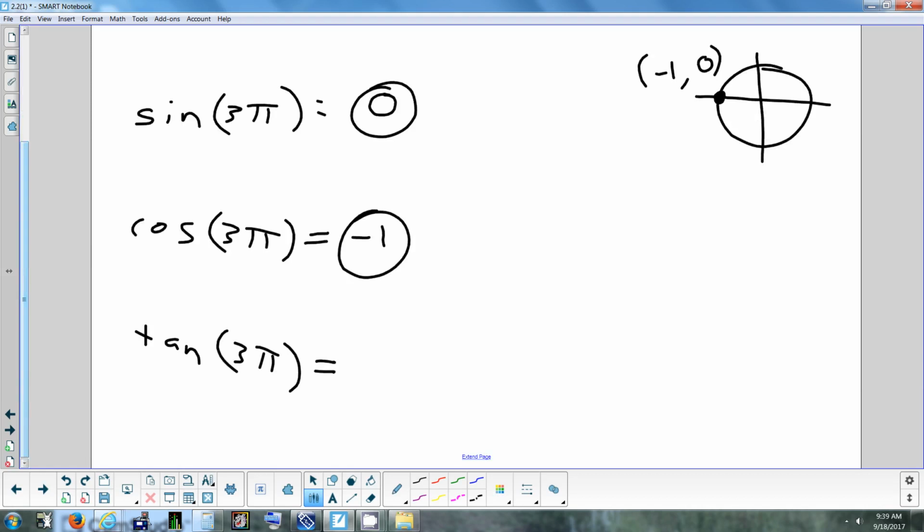What did you use for your formula? 0 over, which is? Yeah, Ryan? Isn't it 0? 0.